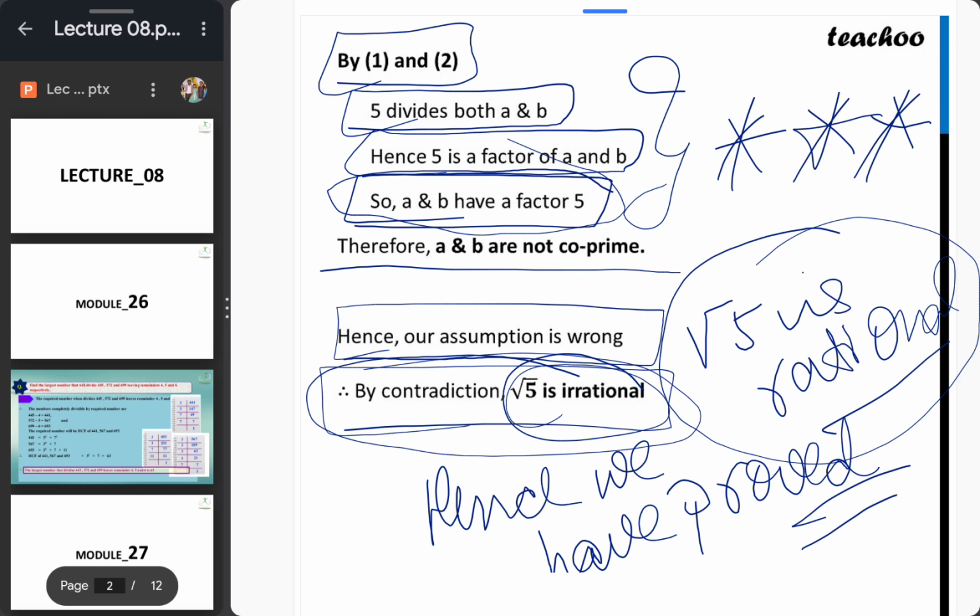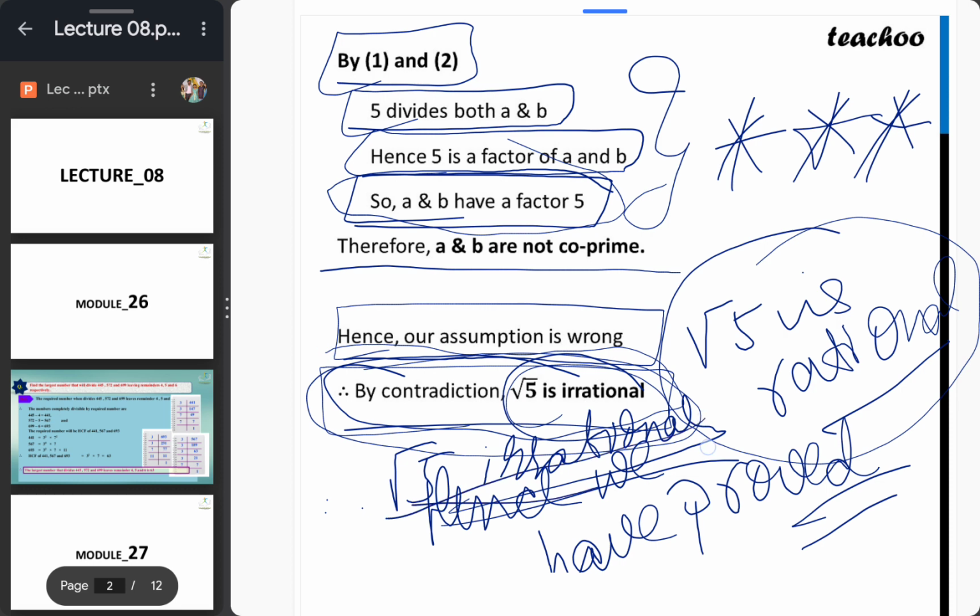We have to write that by contradiction root 5 is irrational, therefore root 5 is irrational. So this is the proof that root 5 is irrational.